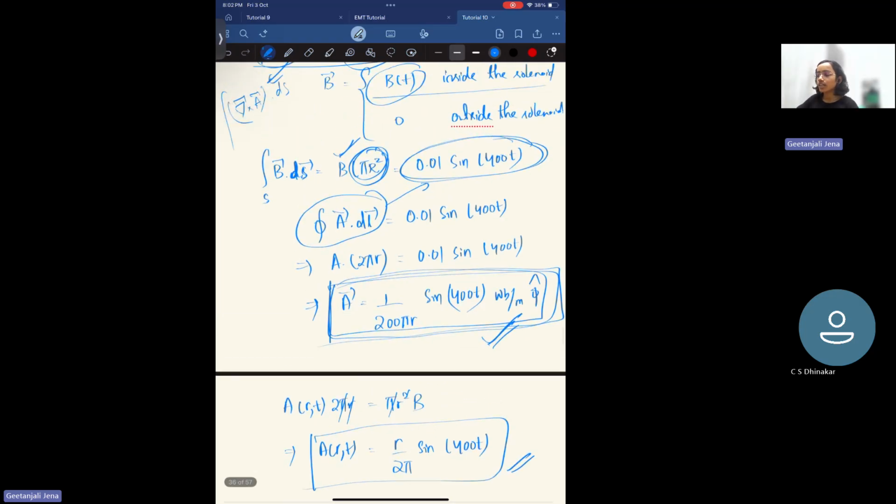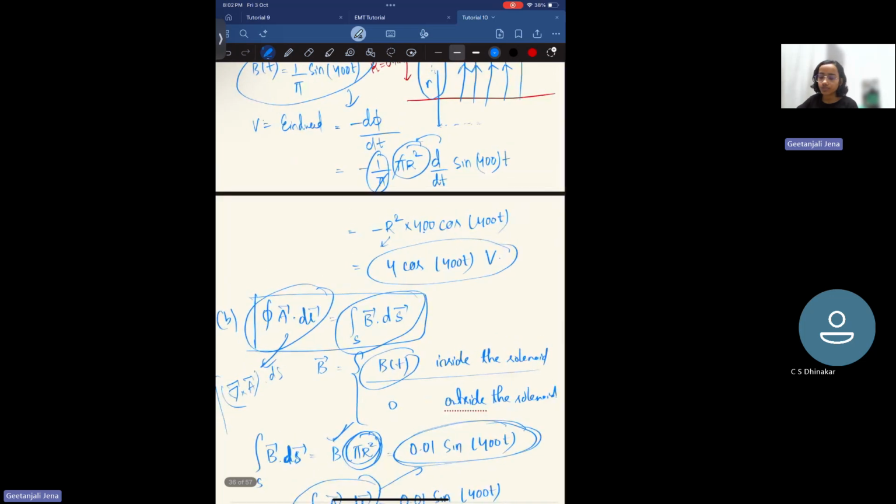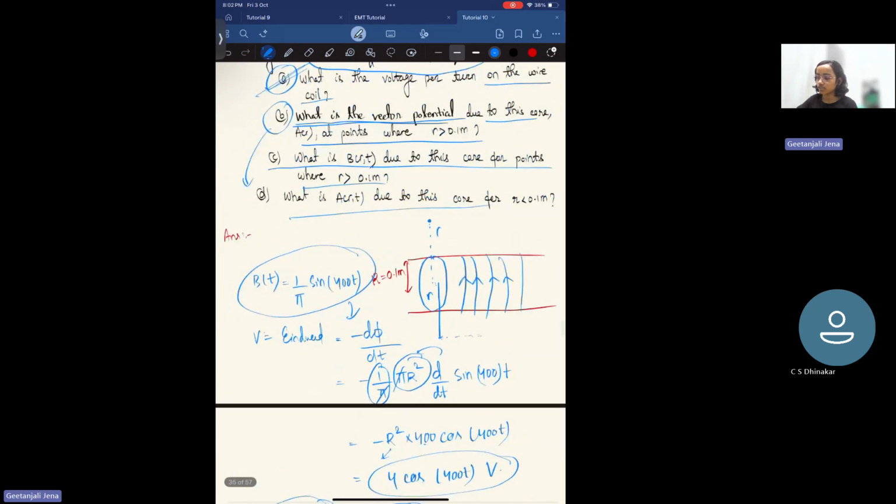In the C part, what is asked is the magnetic field outside the region, for r greater than R. We know that the magnetic field here is zero. So this is quite straightforward. For the D part, this is similar to the B part; we only need to calculate the vector potential inside this core.